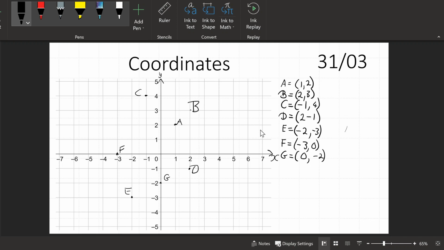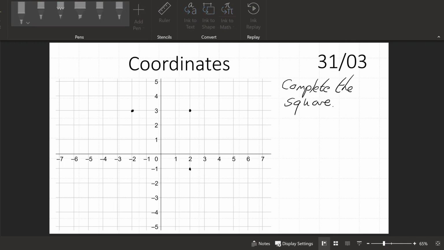Fantastic. Okay, so there's one final thing that the questions I'll be giving you girls will require, and that is when they say complete the square. So they give us 3 points on a plane, and you just need to figure out where the square would be.